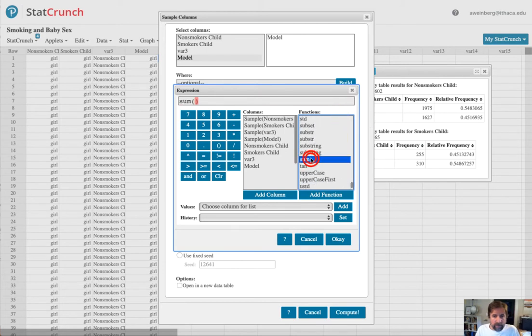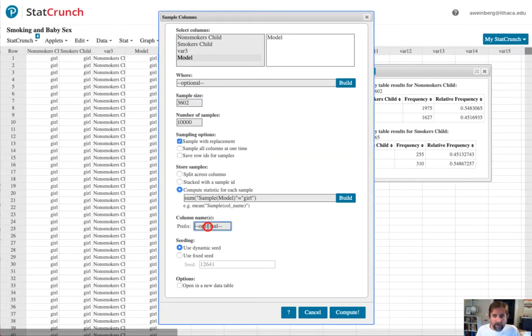We're going to do the sum of the sample from the model, and this is equal to girl. Let's specify non-smoker girls. You could count the number of girls, but it's going to be better if we look at the percentage of girls.